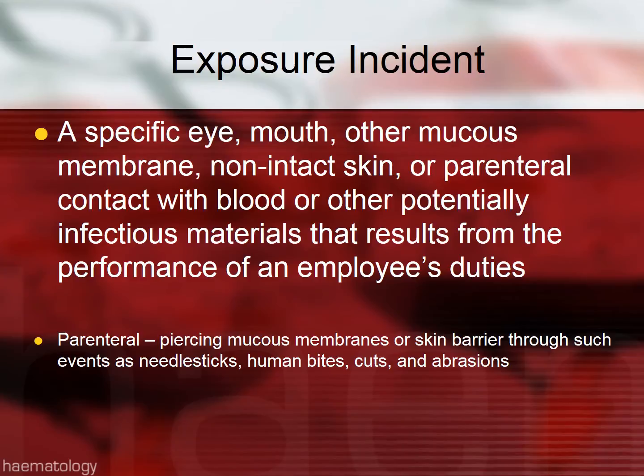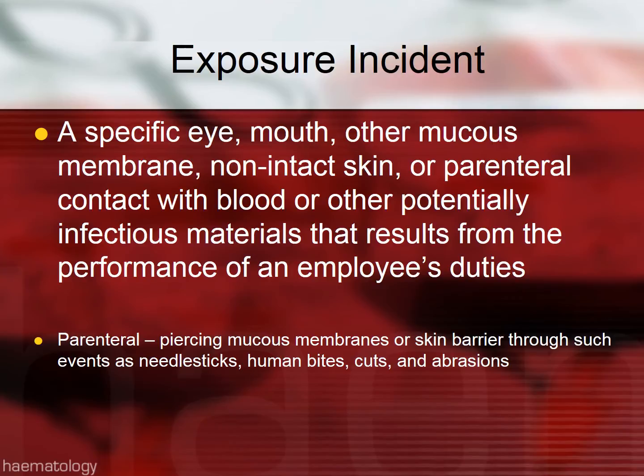Now, when you start looking at a definition for an exposure incident, OSHA defines that as an eye, mouth, or other mucous membrane, non-intact skin, or parenteral contact with blood or other potentially infectious materials that result from the performance of an employee's duty.